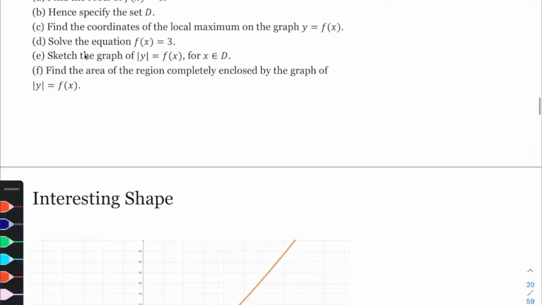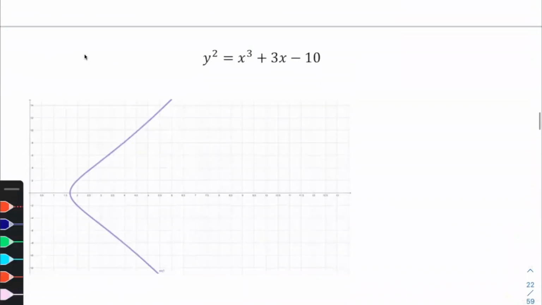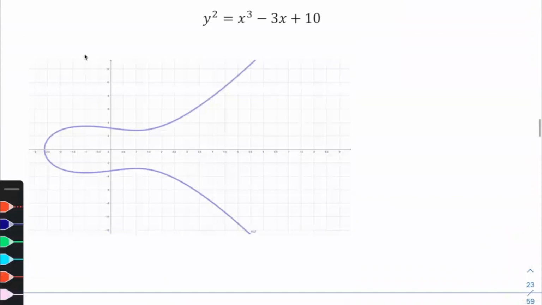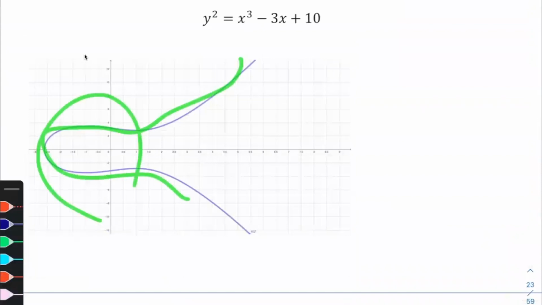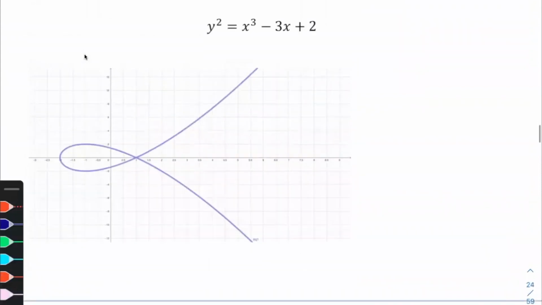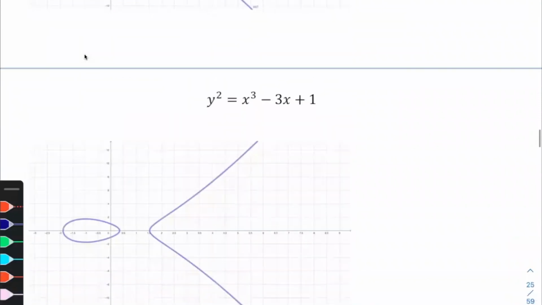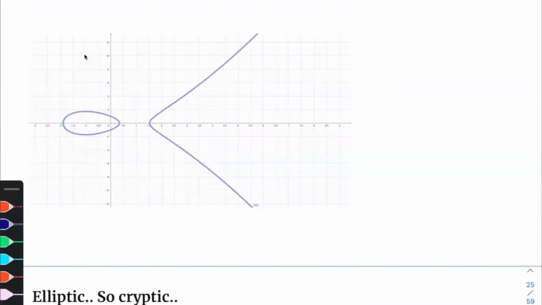So let me show you another question that goes through different shapes like this. Look at that. It's just a curve, but it's got a little tip here. Okay, that's interesting. And it's got a loop here. Now it's got a detached loop. So as you can see, even though it looks like exactly the same equation, depending on the sign and value of A and B, the shape really changes.